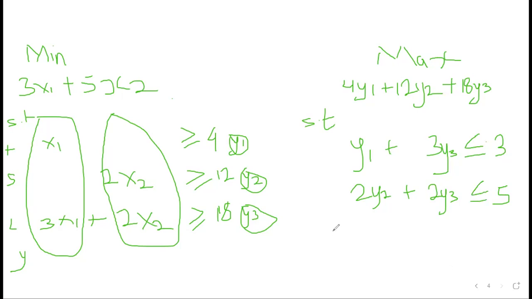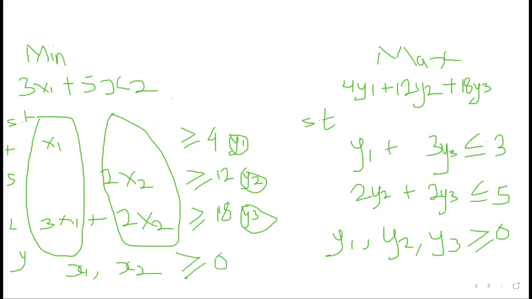Then our non-negativity will change to y1, y2, y3 greater than or equal to 0, instead of x1, x2 being greater or equal to 0. And we are done.